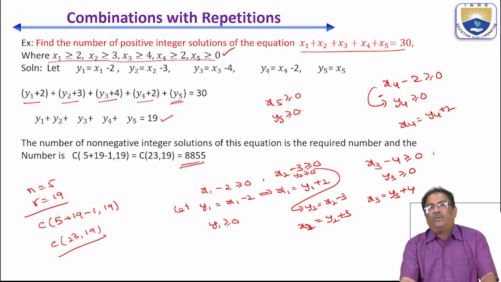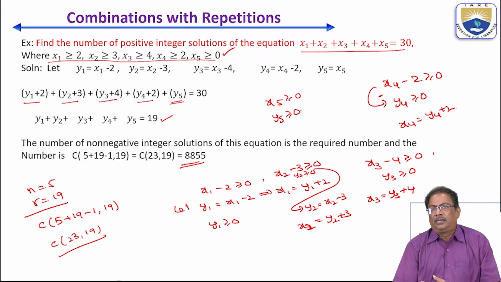So whenever you are going to find the number of positive integer solutions of any equation with respect to some conditions, then based on the condition, we write the entire condition, and we take the right-hand side inequality to the left-hand side.